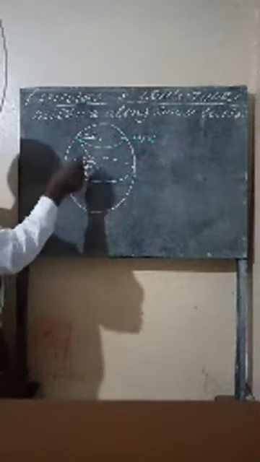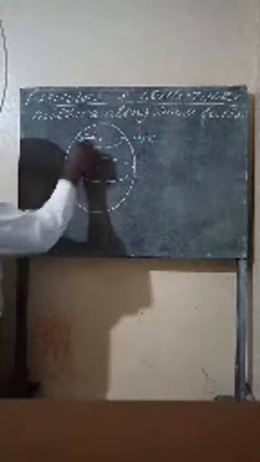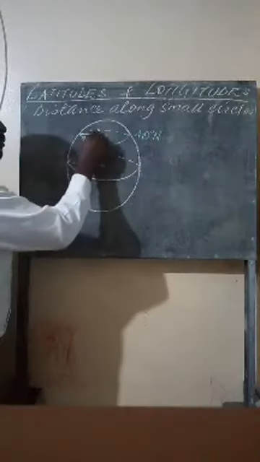So by extension, the radii are parallel. So you now see a scenario where we're dealing with a line here and another line here, and the two lines are parallel. So it follows that if this angle is 40, then this being the alternate angle, it's also 40 degrees.